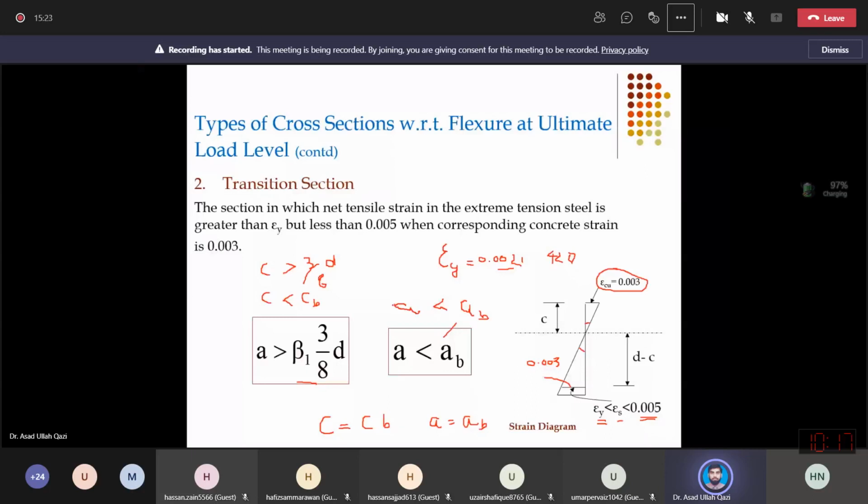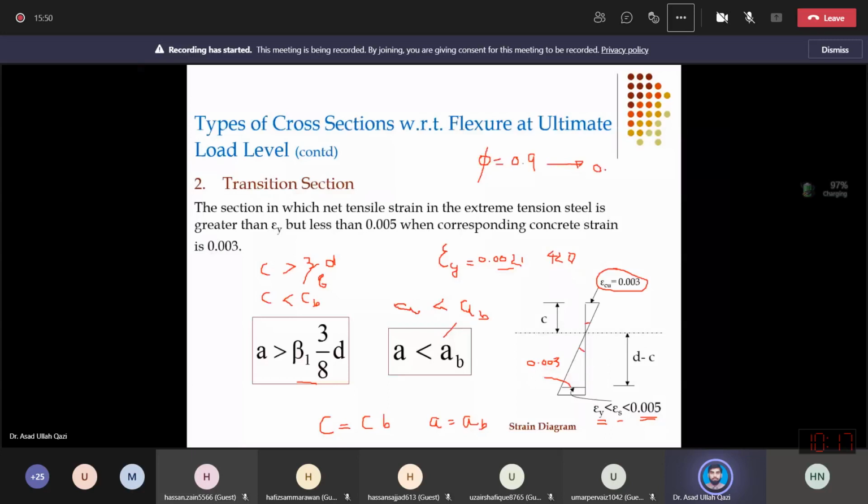For such transition sections, they are to be considered for ultimate strength design by selecting a phi value, the capacity reduction factor, between 0.9 to 0.65.